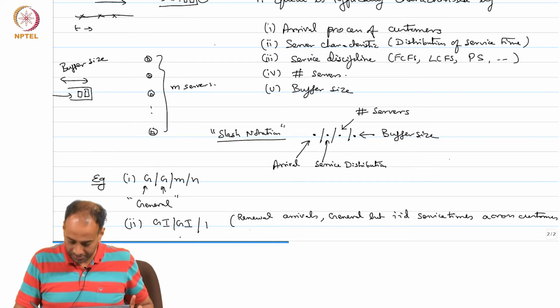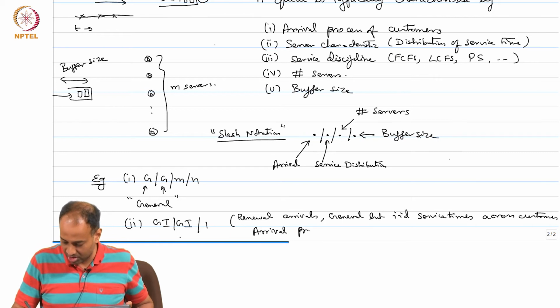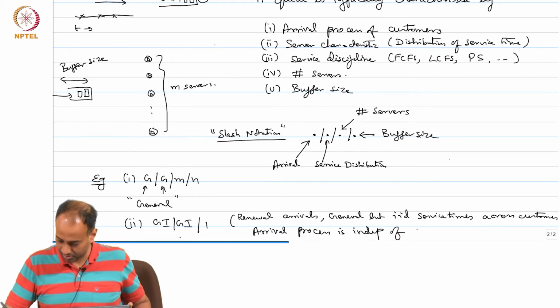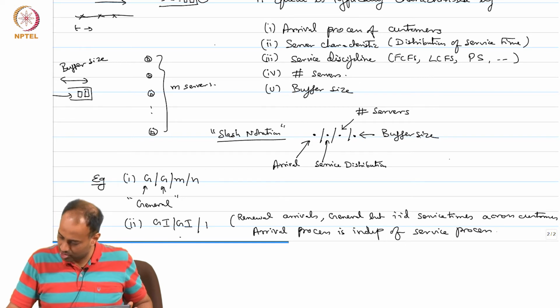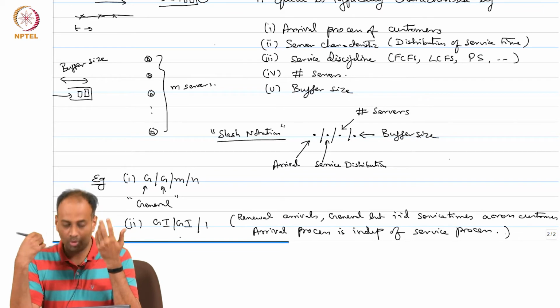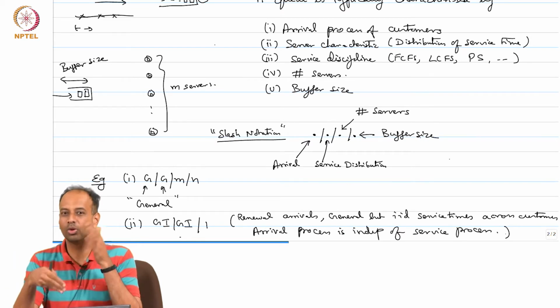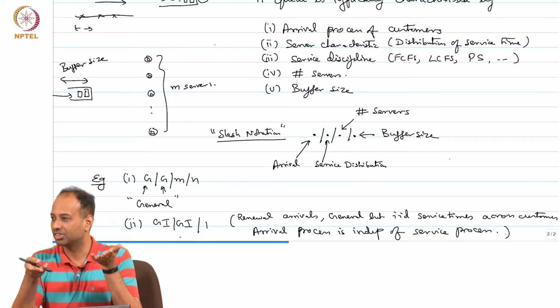Also, an implicit assumption in all these queuing systems is that the arrival process is independent of the service process. What does that mean? The arrival time of a customer says nothing further about how long the customer will take for service.